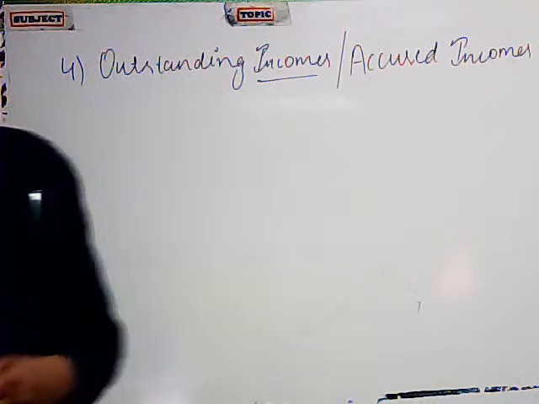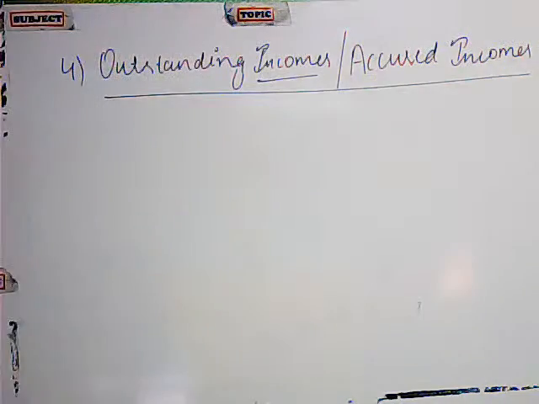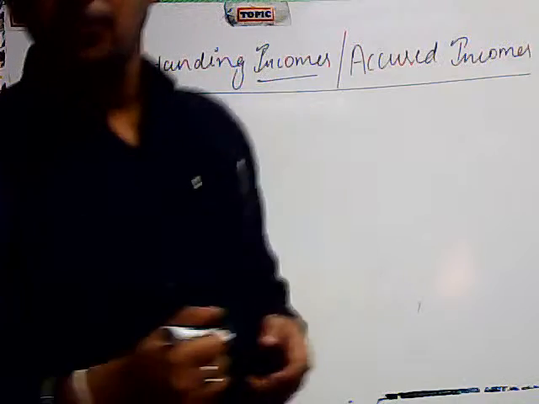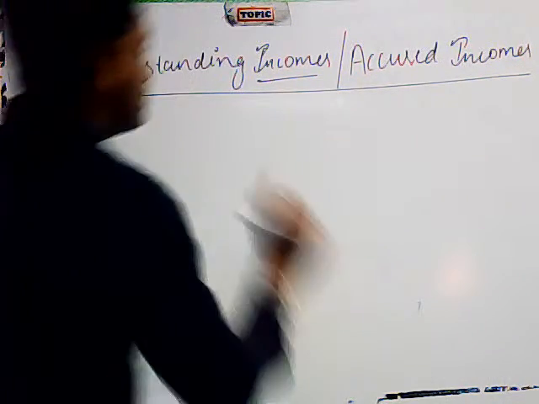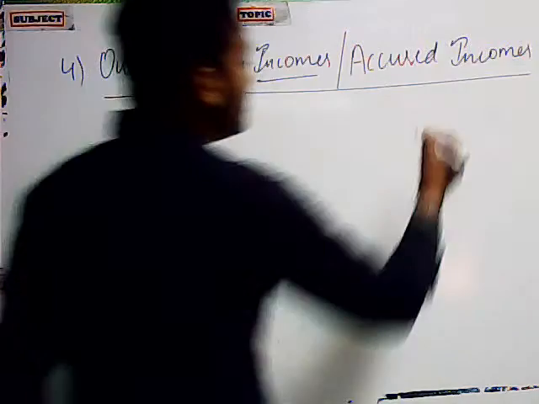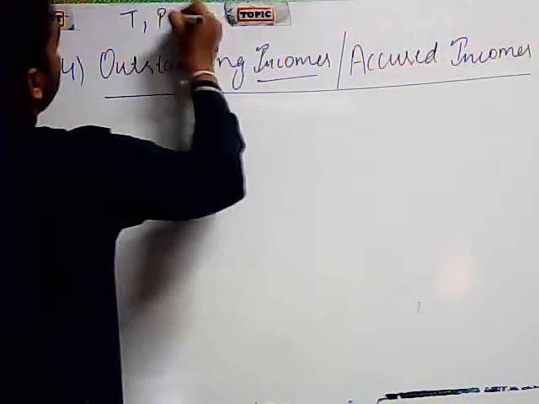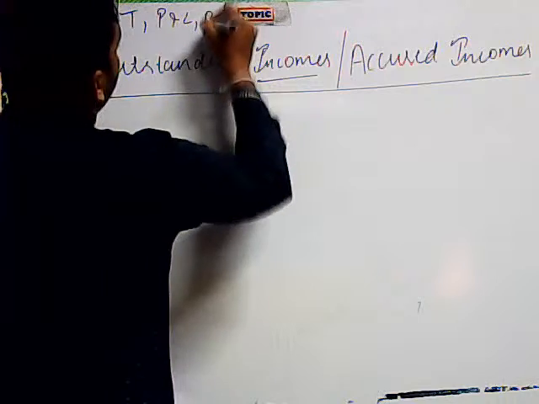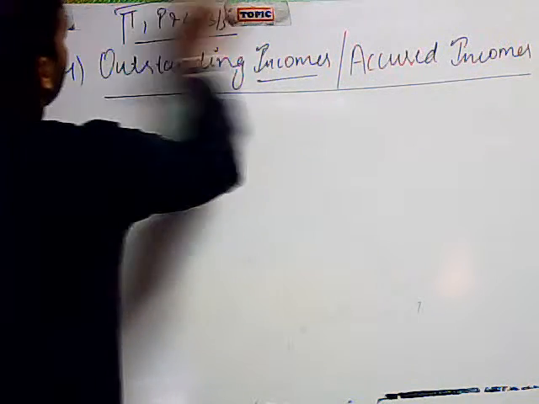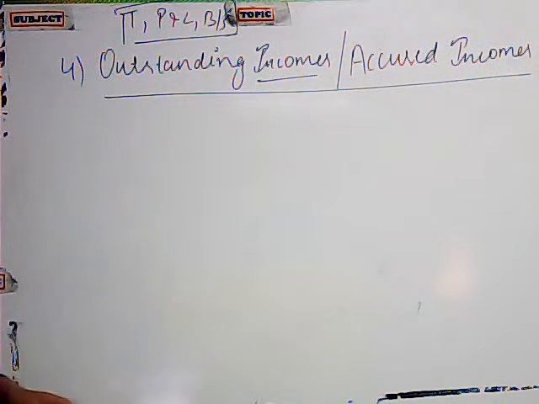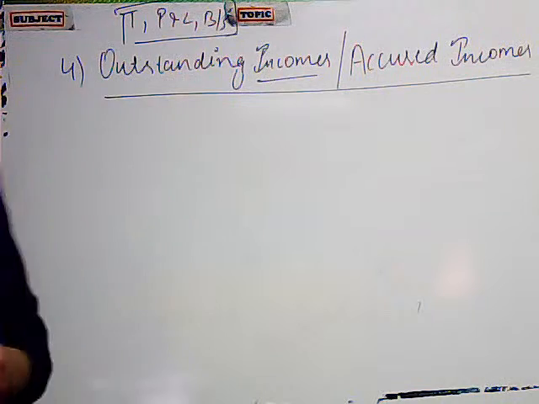But in this chapter, we know that we have to record the adjustment transaction mainly in 3 accounts. The first one is trading account, second one is profit and loss, and third one is balance sheet. So we have to find out where we have to record this transaction.